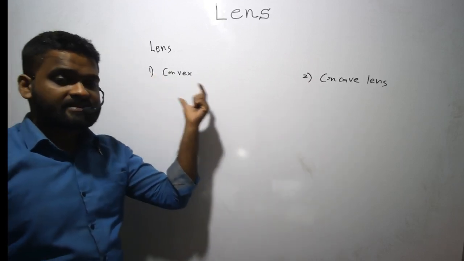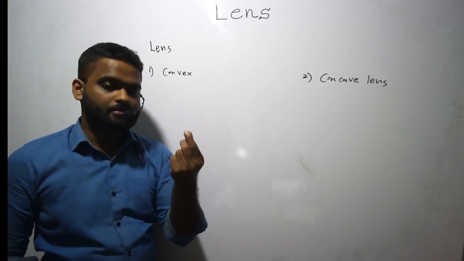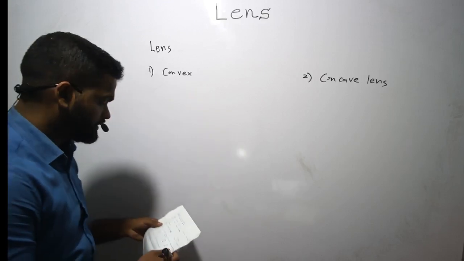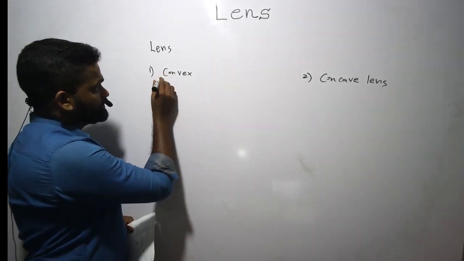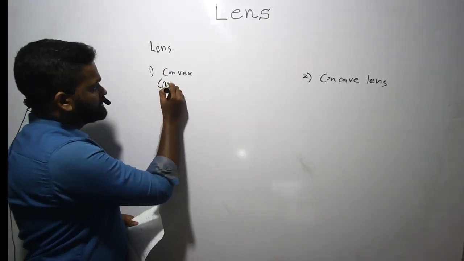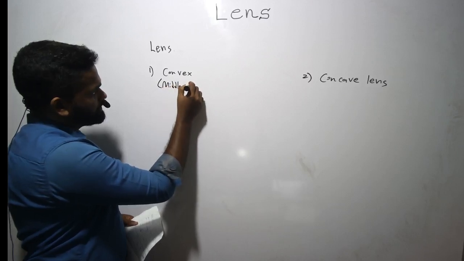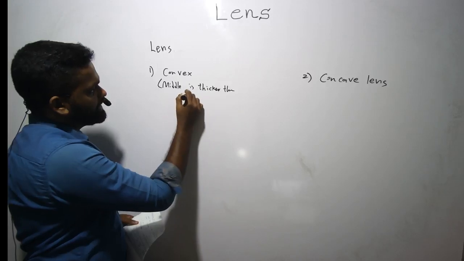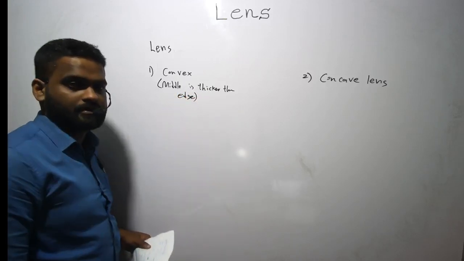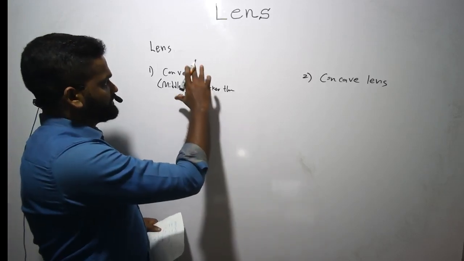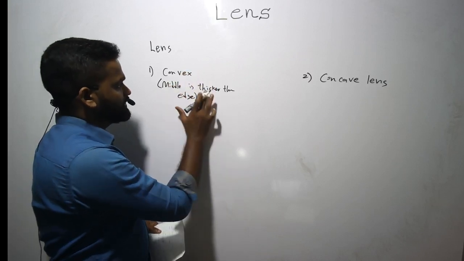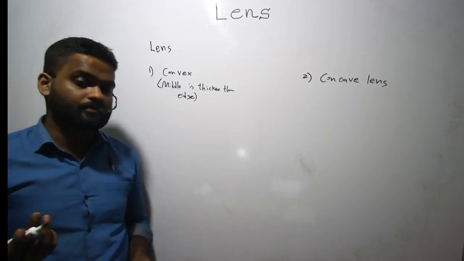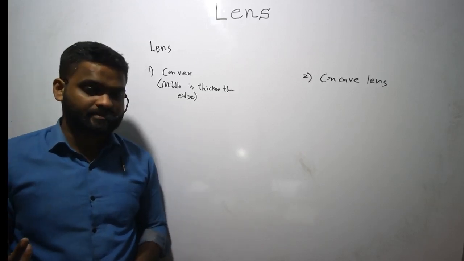When you get a convex lens, the middle of the lens is thicker than the edges. Below this, write: middle is thicker than edge. So when you are given a lens, if it is thicker in the middle than the edge, those types of lenses are convex lenses.